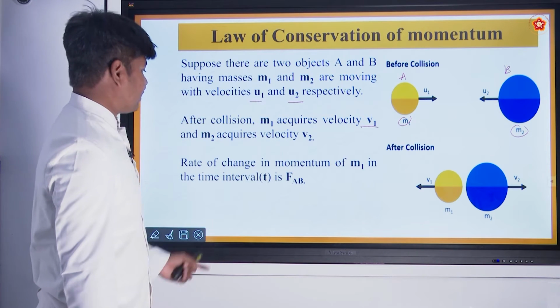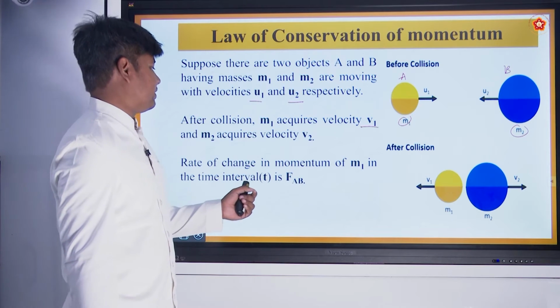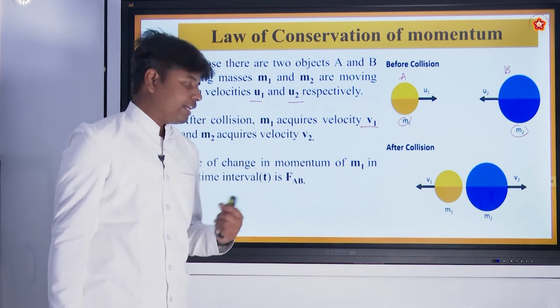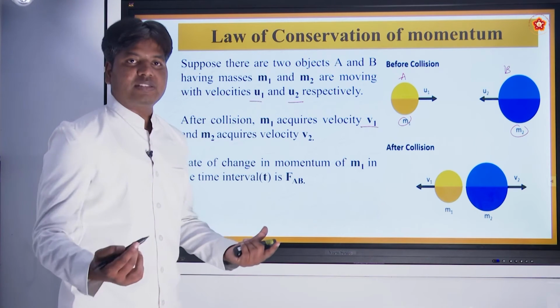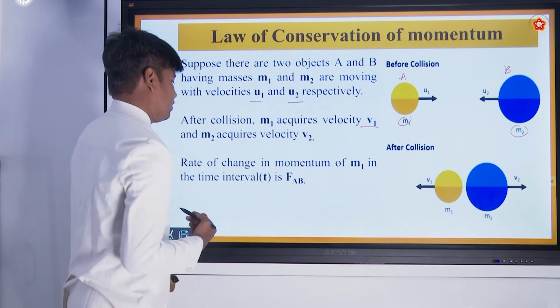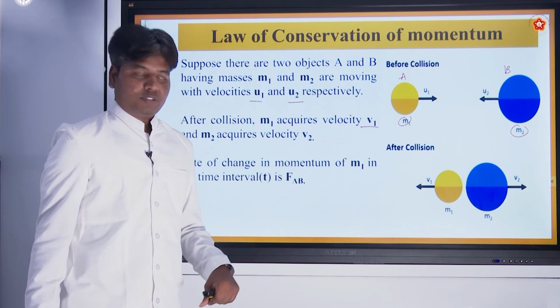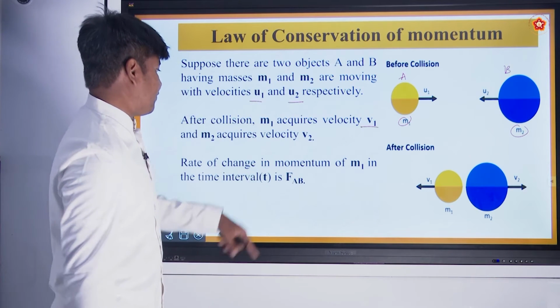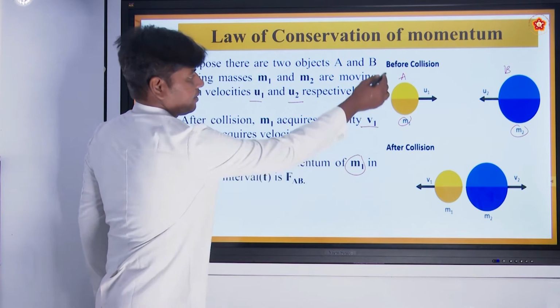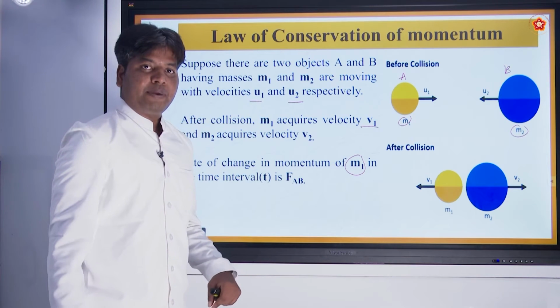So the rate of change of momentum of m1 in the time interval t is what? Rate of change of momentum in the time interval is nothing but the force. We are talking about the body A. So it will be force on A due to B. Rate of change of momentum of m1, right? m1 relates to A. So it is FAB.